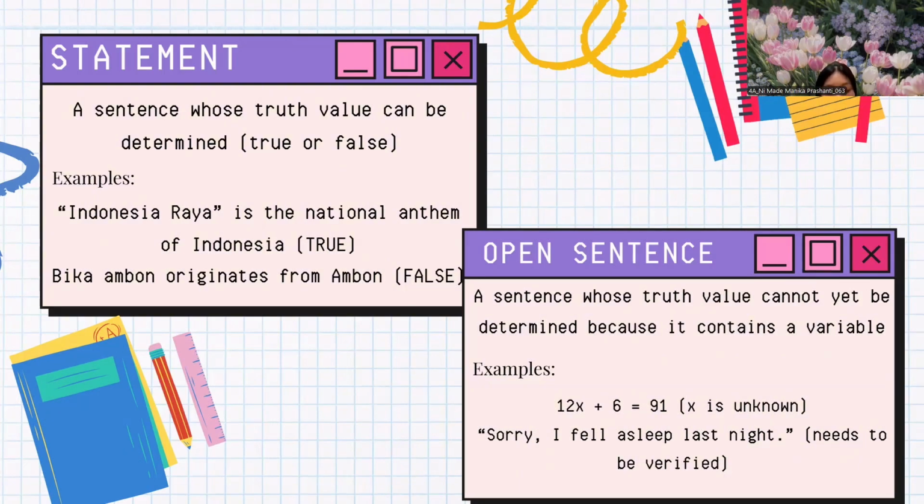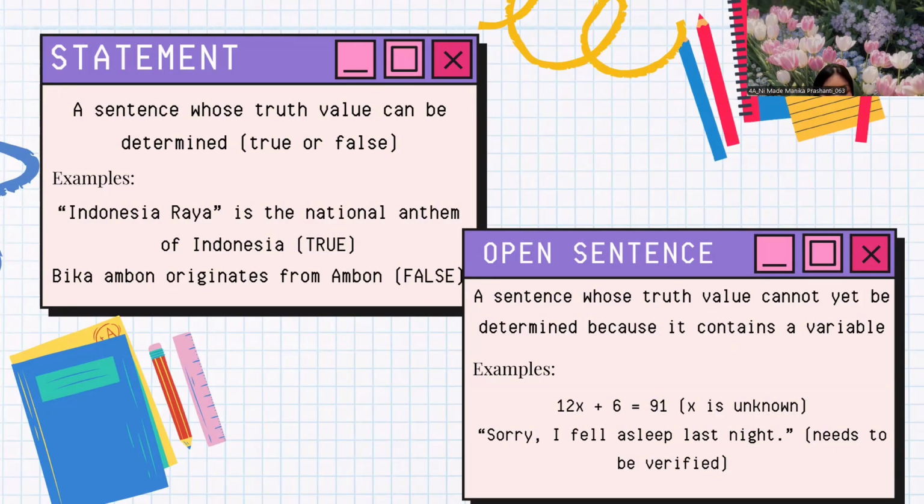Let's look at the example provided. Indonesia Raya is the national anthem of Indonesia. This is a fact that can be verified. Therefore, its truth value is true. The next example is Bika Ambon originates from Ambon.